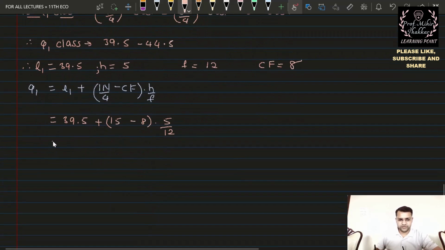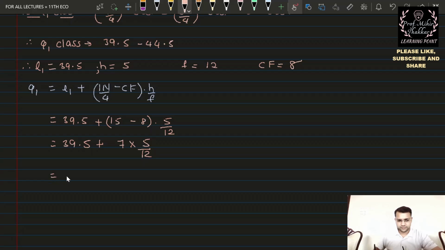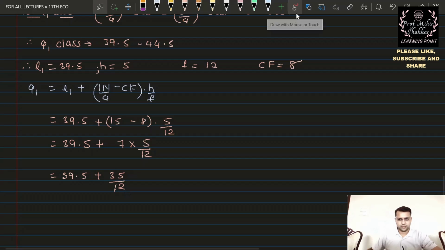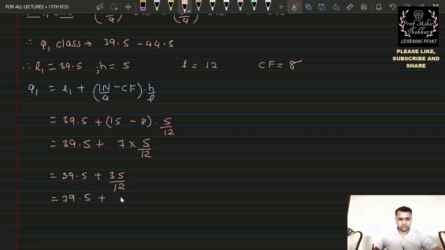So when you simplify this, 39.5 plus 7 into 5 divided by 12, which is 35 upon 12. So 35 upon 12 is approximately 2.9. It should be 2.91.